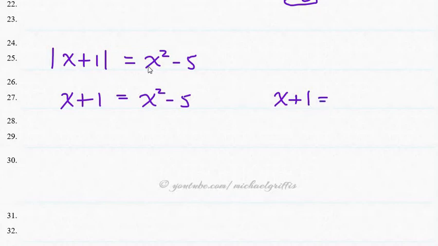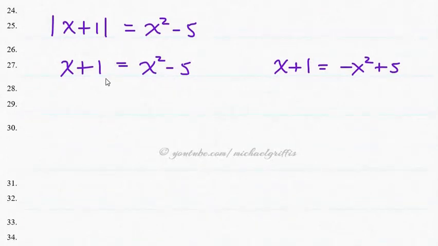Remember, we make this side negative, so we're going to multiply through by -1 all the way across. Makes that -x squared plus 5. Alright, let's take a look at this one here. I'm going to take both of these over to the right. So we have x squared minus x minus 1 minus 5.